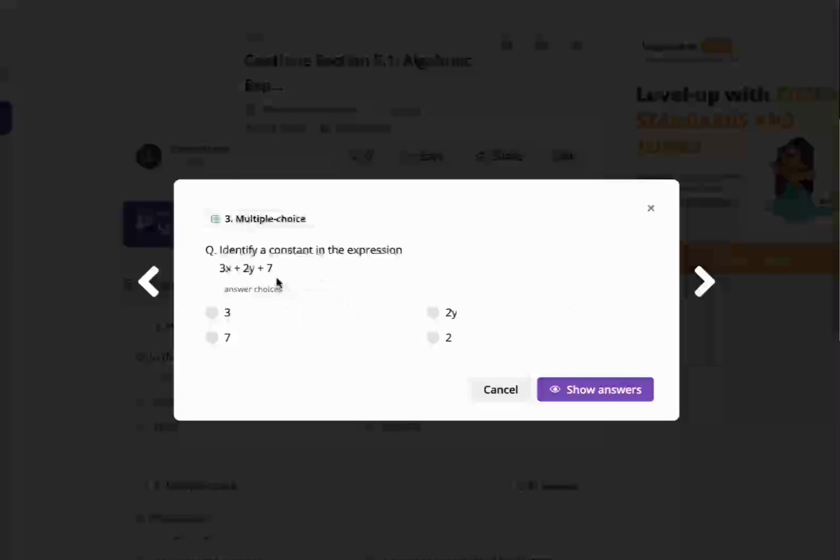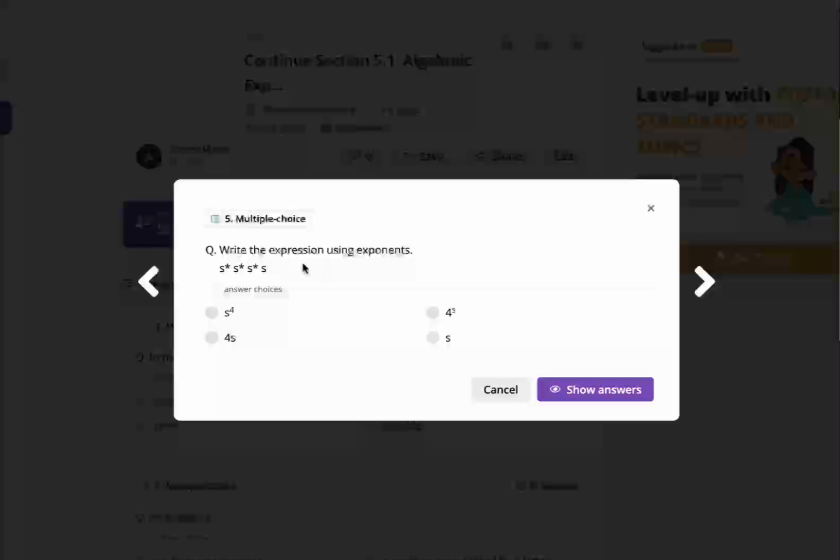The constant here is 7 because we don't have any variable with the 7 here. It's just a number. How many terms? Here we have 3 terms. Any problems? No.